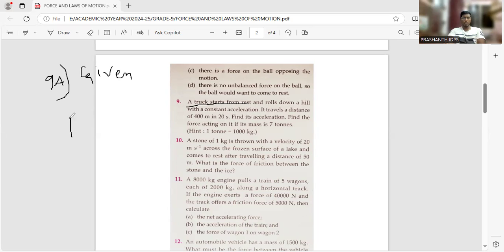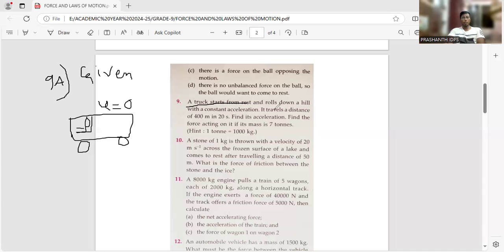A truck starts from rest. Let us consider this is a truck, and the truck is in the rest position, right? It means there is no driver. A driver came into the truck and started to accelerate. Now what happens? It will start from rest, so before that the body is at rest. What will be the initial velocity? The u value will be 0.